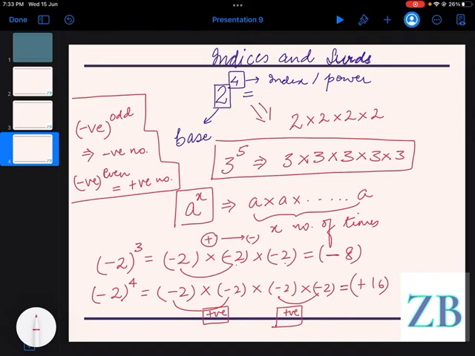These notes will be helpful for you for various types of examinations that you appear for. If I take you to a different slide, I will be able to explain what exactly happens in the laws of index, and we will justify various laws of indices.